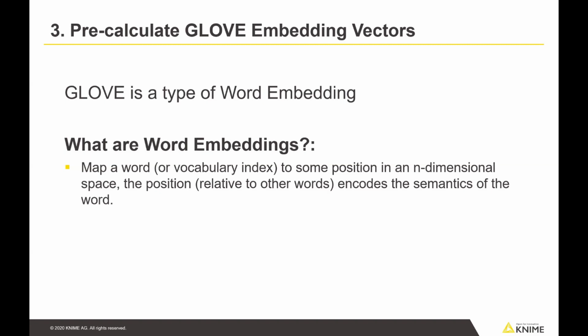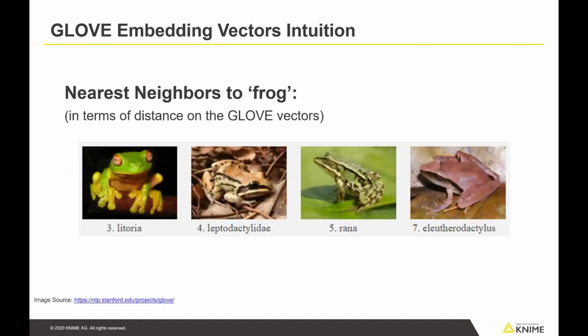So maybe this is a little bit hard to imagine. I prepared a little example. If you look at the vector for the word frog in this GloVe model, and if you look at the nearest neighbors of this word, in terms of some vector distance, then the 4 nearest neighbors are the words written here.